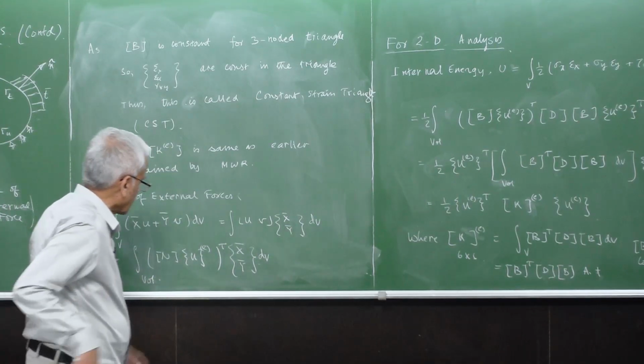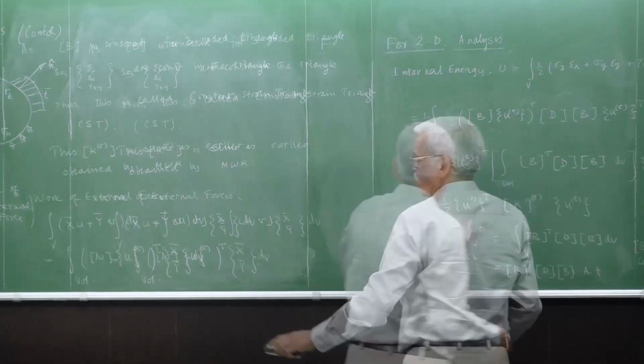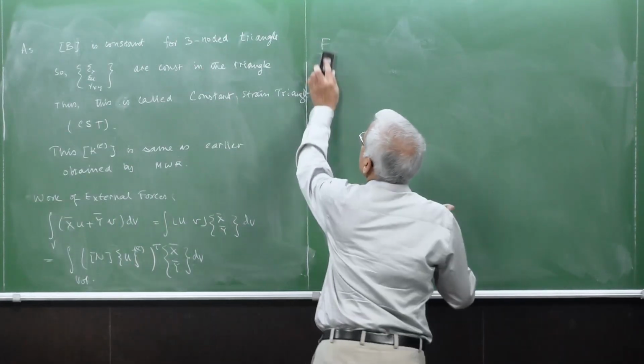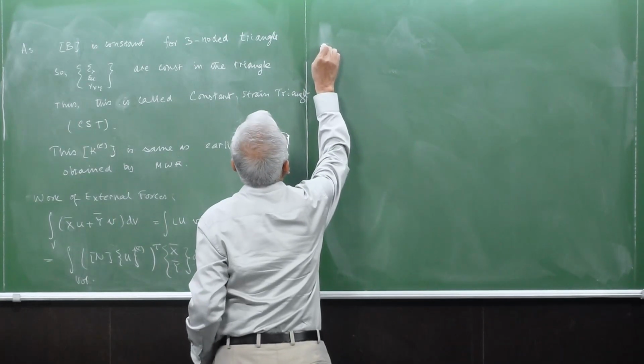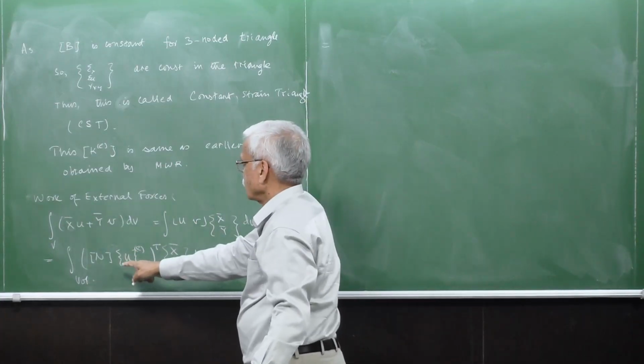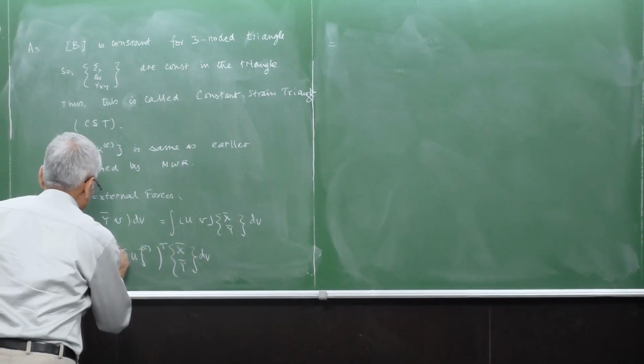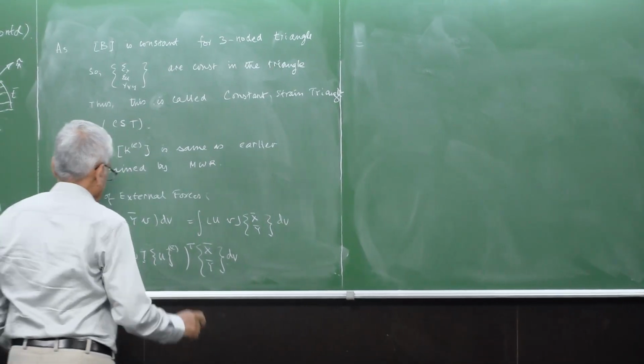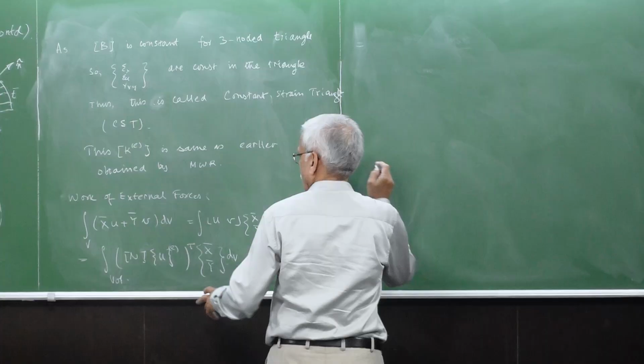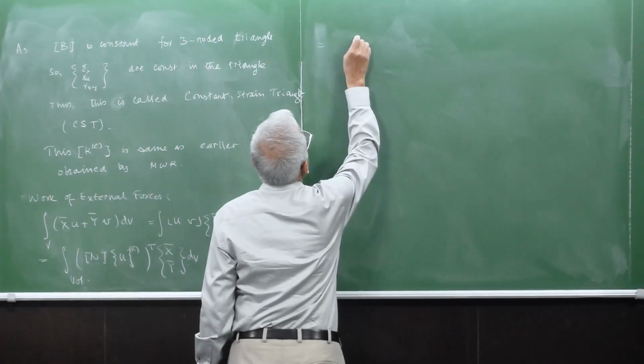Okay, so simplifying this further. Okay, so let's simplify it. So this is N times u and taken a transpose.